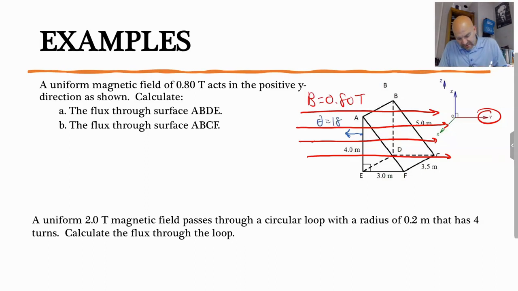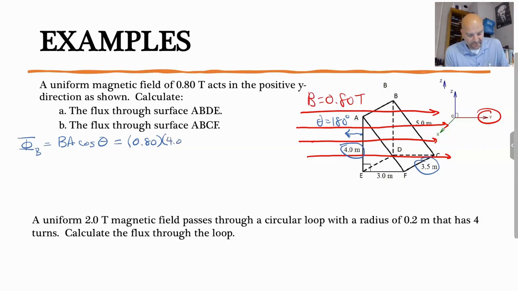The angle between the field and our surface is 180 degrees. So I start with my equation: magnetic flux is BA cosine theta. I've got 0.80, and now my surface area has a side of 4 and another side of 3.5.